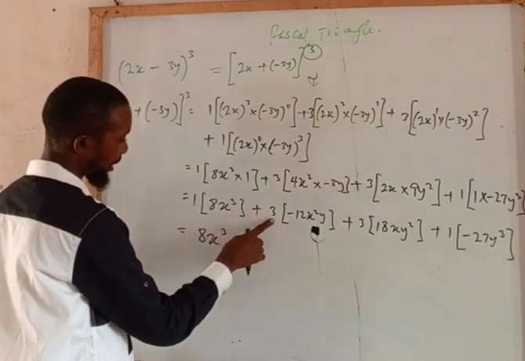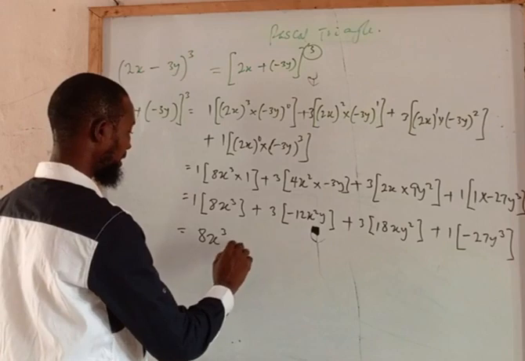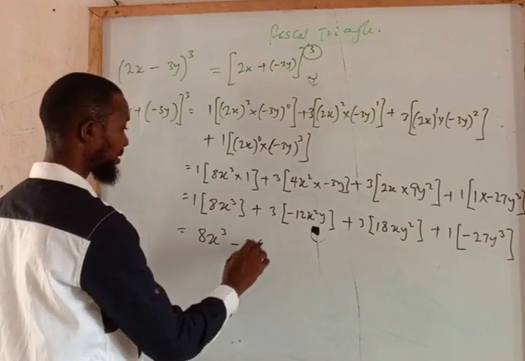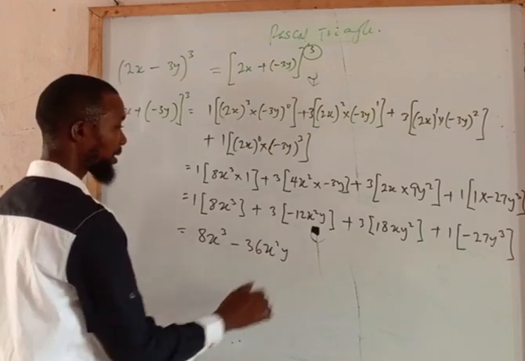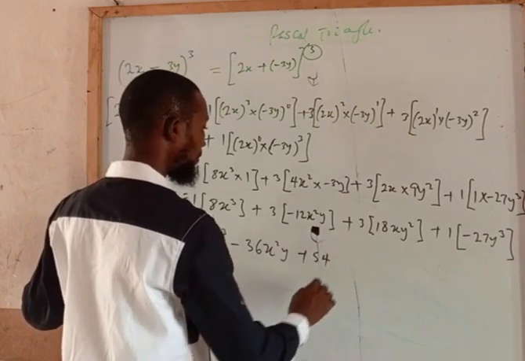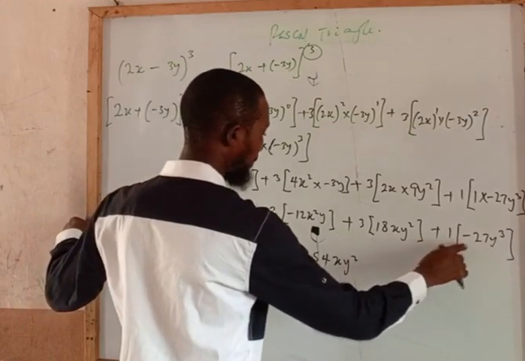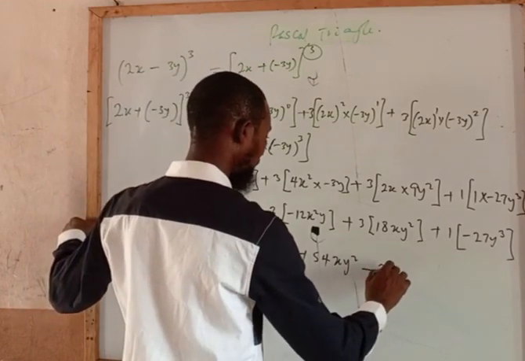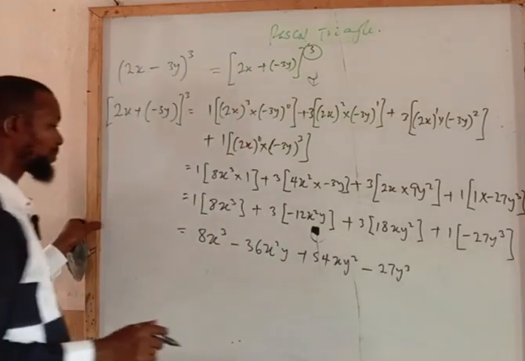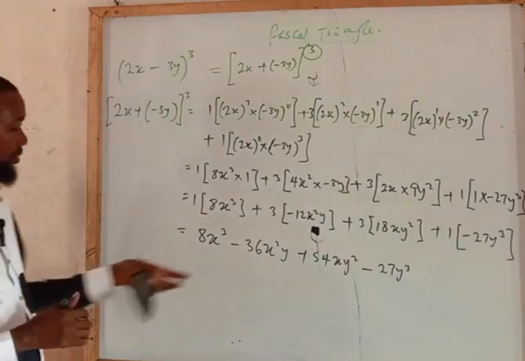Now plus times minus here, minus 3 times 12 here, that is 36 x squared y. Now 3 times 18 here gives 54 xy squared. Then plus times minus here gives minus 27y to the power of 3. So we can conclude this is it.